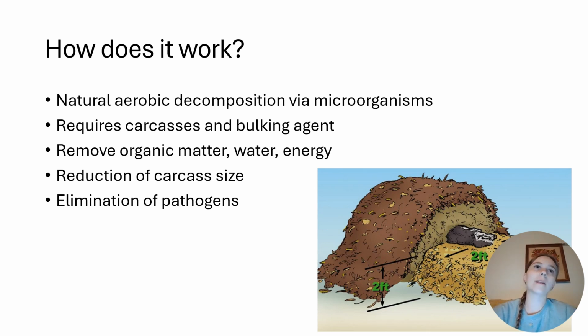So by the end, you would be left with a humus type of dust or powder, or remains of the animal in terms of their bones. And that's how it reduces the carcass size, through those microorganisms breaking down the body slowly, and it happens over a period of weeks. And like I said, if the temperature is high enough and the composting works effectively, you can eliminate those pathogens because the temperature can get up to 150 degrees, which means that those pathogens are in an environment where they cannot thrive.